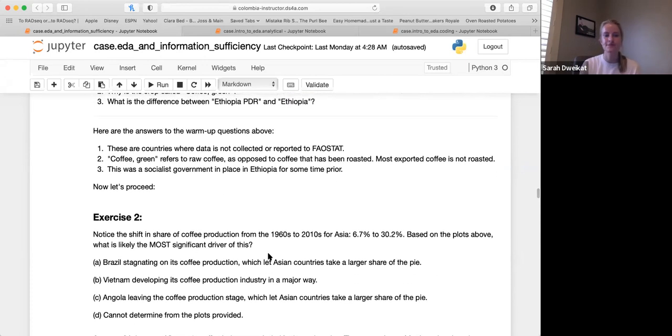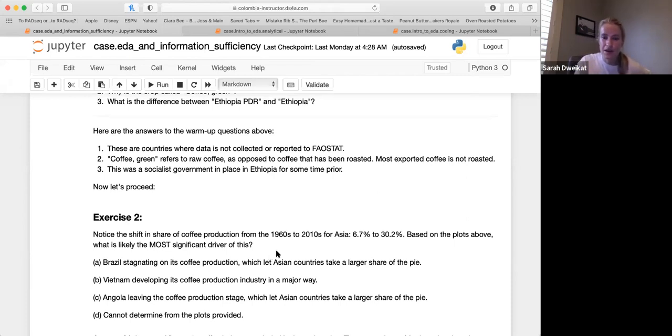Okay, exercise 2. Notice the shift in share of coffee production from the 1960s to 2010s for Asia, 6.7% to 30.2%. Based on the plots above, what is likely the most significant driver of this?